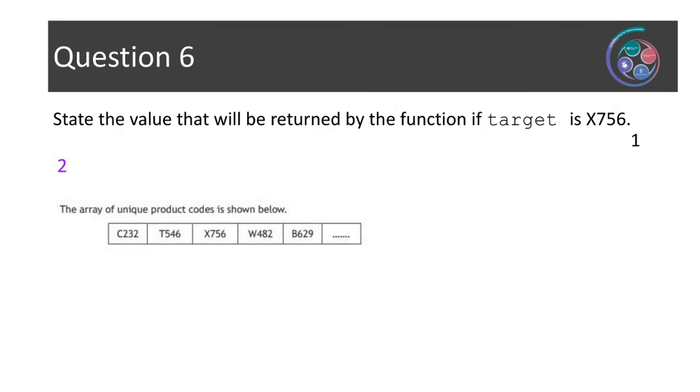So state the value that will be returned by the function if target is X756, and it is position number 2. So position 0 is C232, position 1 is T546, and position 2 is X756. So as we looked back at that function, we could see that function was providing the linear search. It was searching through looking for X756.